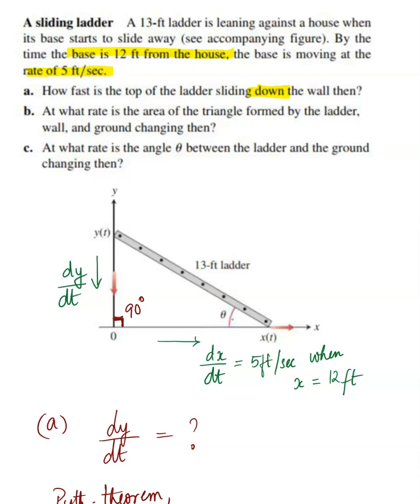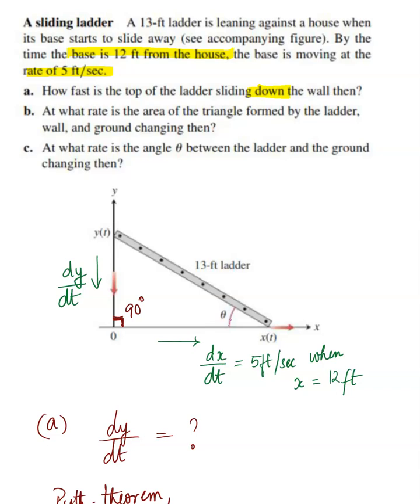So this angle theta, we want the rate of change of the angle, which would be d theta over dt. So we need to find d theta over dt. So is there any relation that we can use that will work conveniently for us?